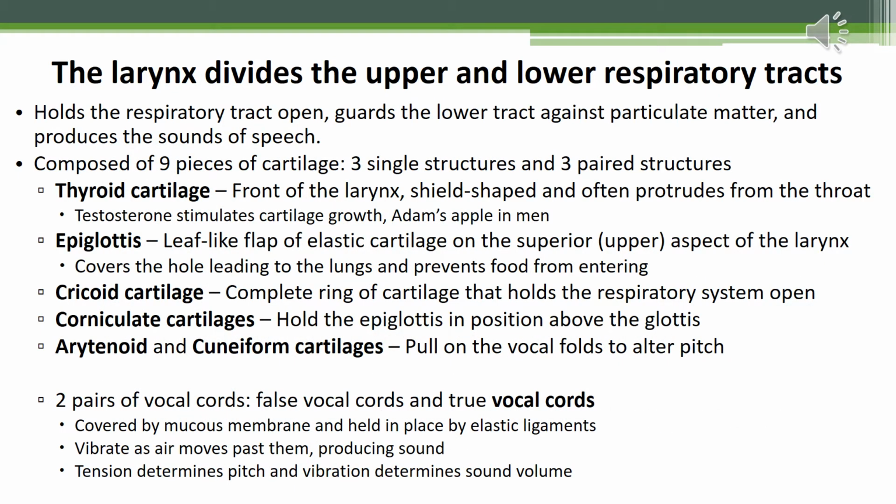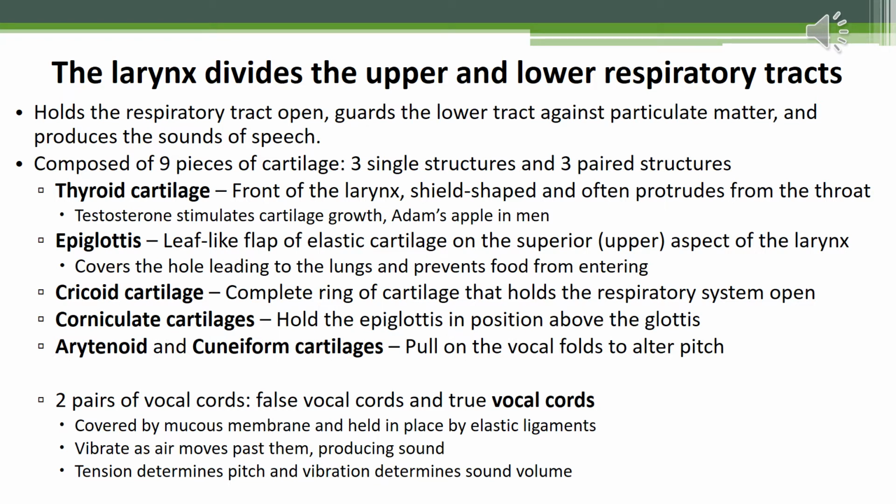The larynx serves as a divider between the upper and lower respiratory tracts, and the larynx actually holds the respiratory tract open, guards the lower tract against particle matter, and helps to produce the sounds for speech.